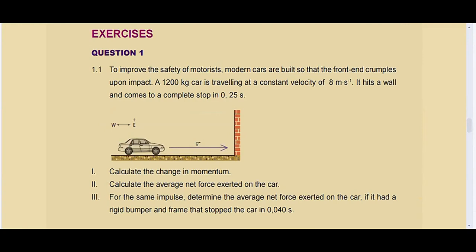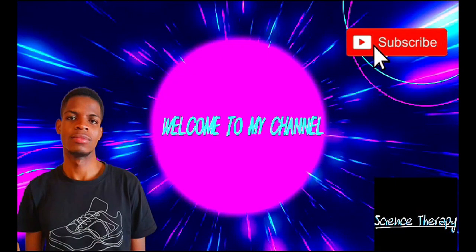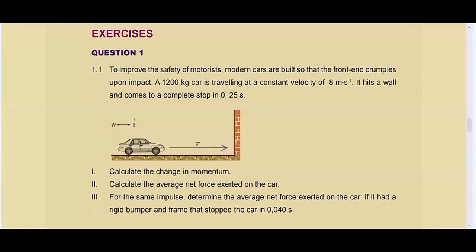Question 1 says, to improve the safety of motorists, modern cars are built so that the front end crumbles upon impact.